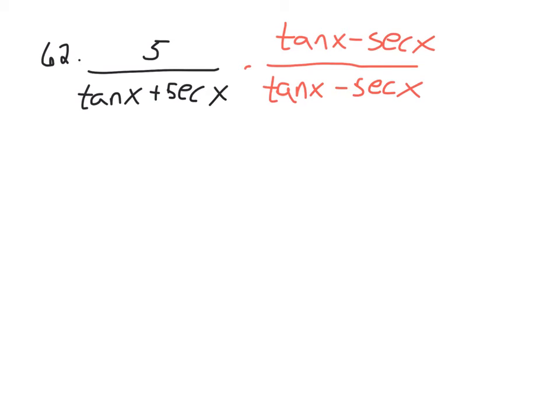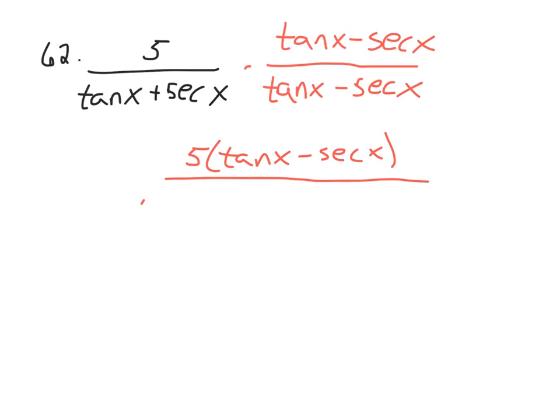The numerator I'm just going to leave right now as 5 times the tangent of x minus the secant of x. And then when we FOIL on the bottom, we're going to get tangent squared minus tangent secant plus tangent secant. That's kind of the whole point of everything, is that move right there, and then minus secant squared of x.